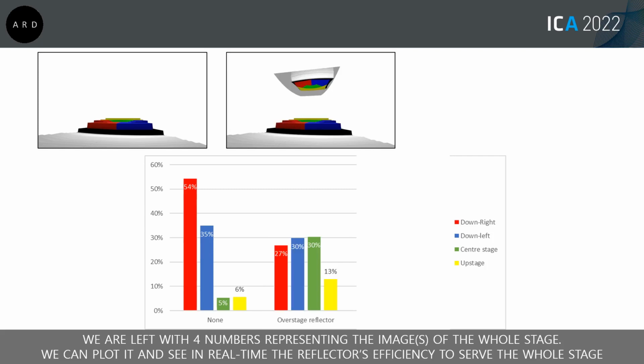When we add the canopy, we have evened out the reflection coverage for all of the orchestra. As you can see, there's a more even distribution of the different stage areas as represented in the image.